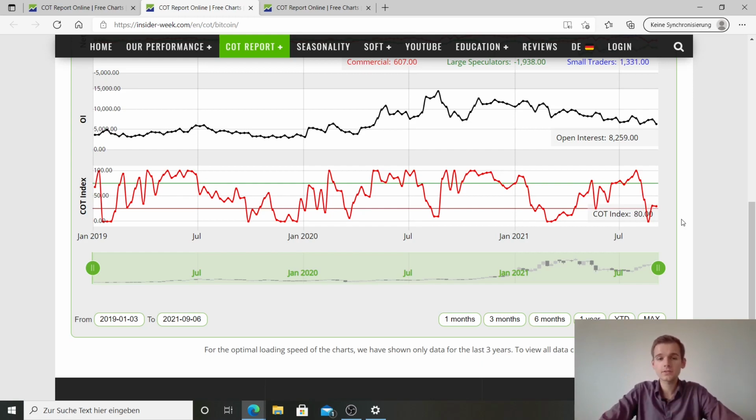To do this, we relate the current value of the commercials to the past. The result here is our COT index. If you are interested in how the COT index is calculated, please let us know in the comments below. Because for us, it is important that we do not just implement things that we don't understand. So it is important that we know why some things affect the market and how.